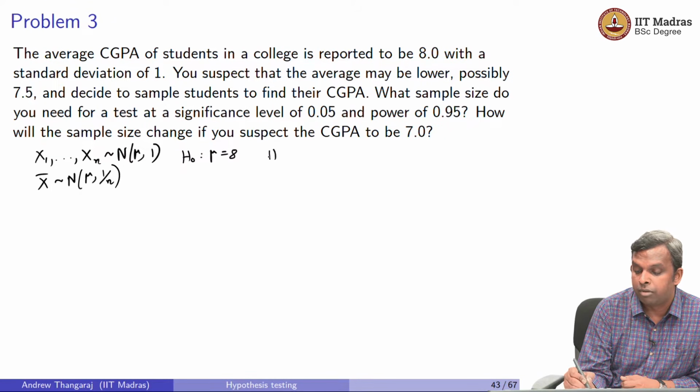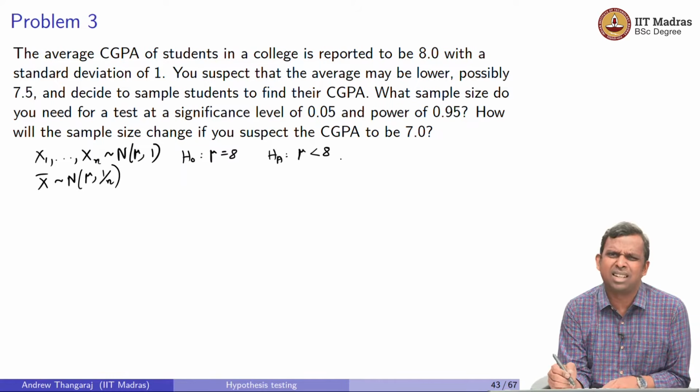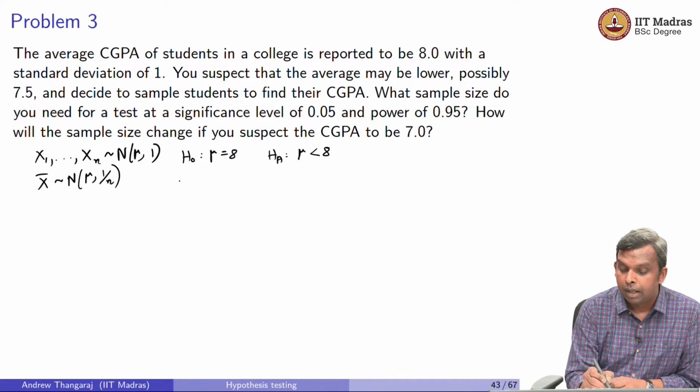The first alternative we are looking at is mu is less than 8. And your test is going to be: reject H naught if x bar is lesser than c.